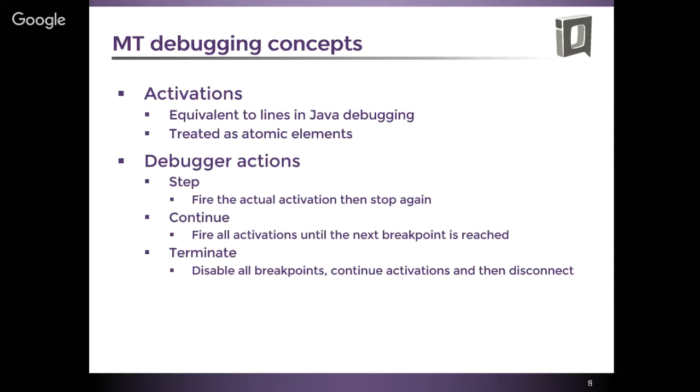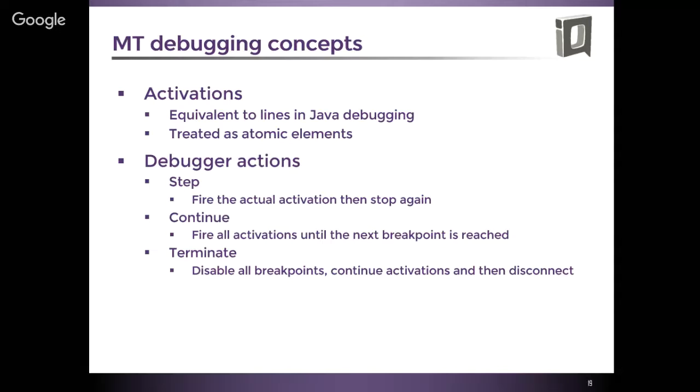We also need to redefine debugger actions, because in our case, stepping, continuing, and terminating are quite different from the original meaning of these actions. In our case, stepping fires the actual activation instance, and after firing it, stops the execution of the model transformation again.